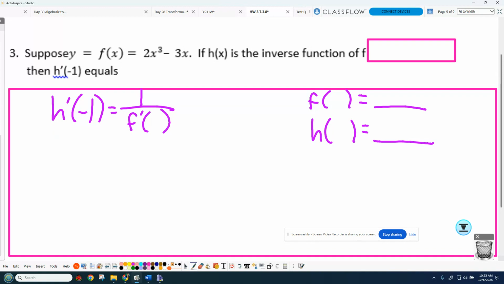It's not -1. No. Not necessarily. So here's the point of my question. What do we know about the coordinates? Well, h of -1, what do I know about the function?